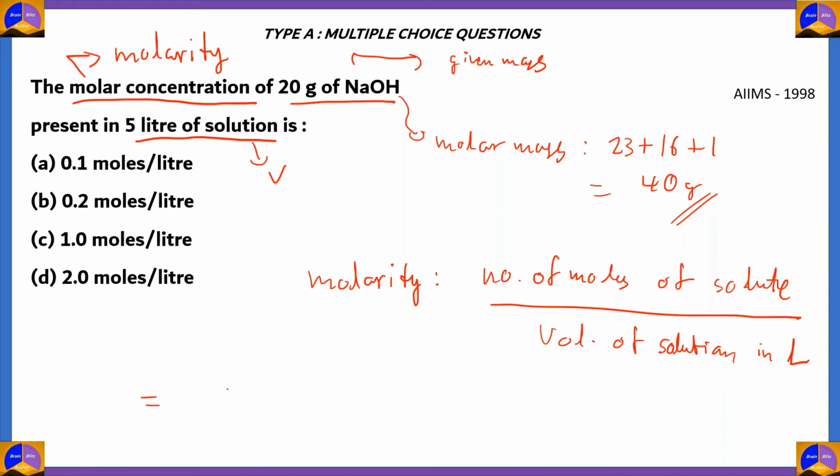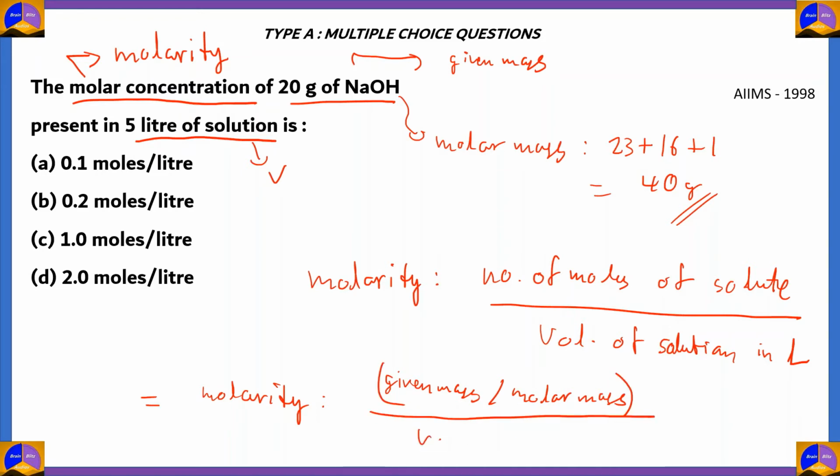And to find the number of moles, we write it as given mass divided by molar mass. So that gives us the number of moles, and we divide this by the volume of the solution in liters.